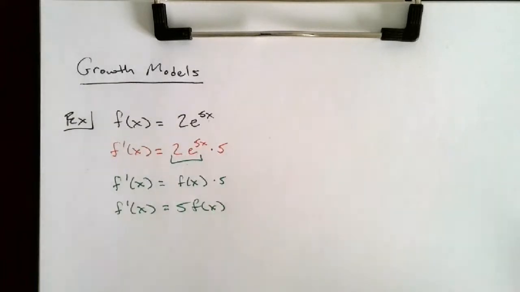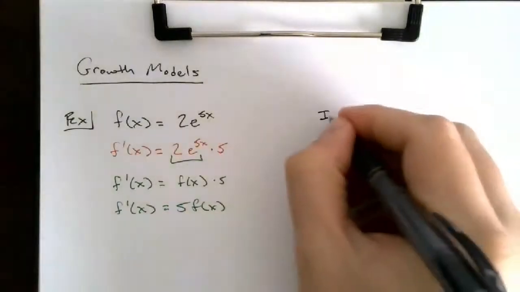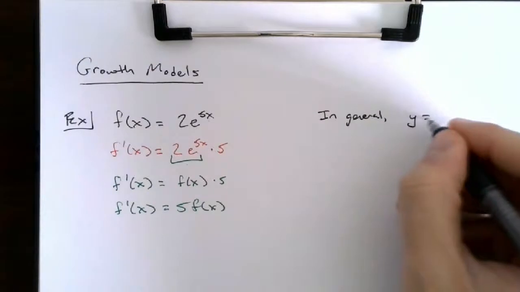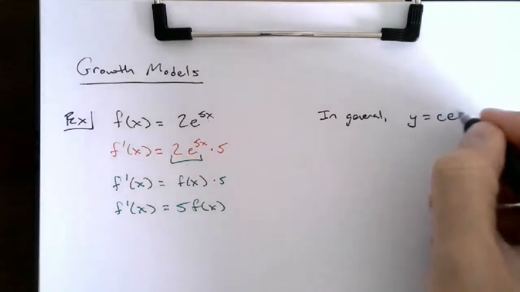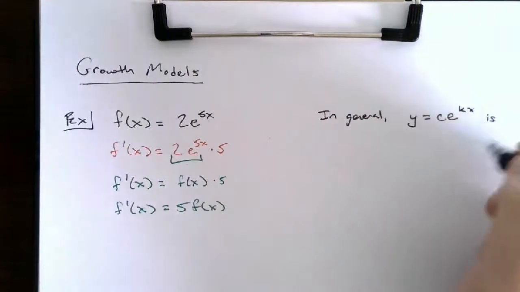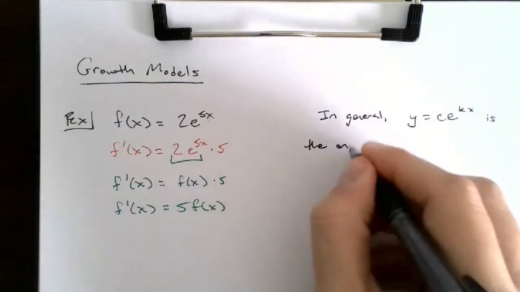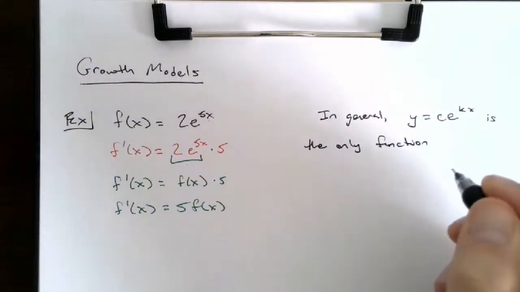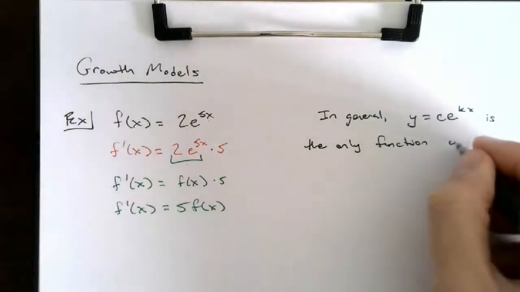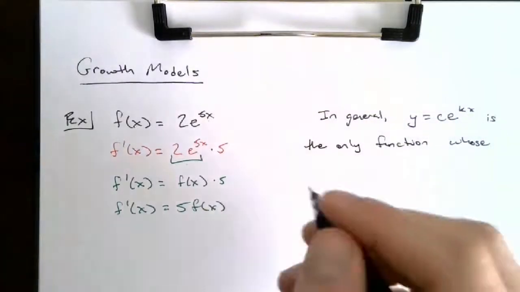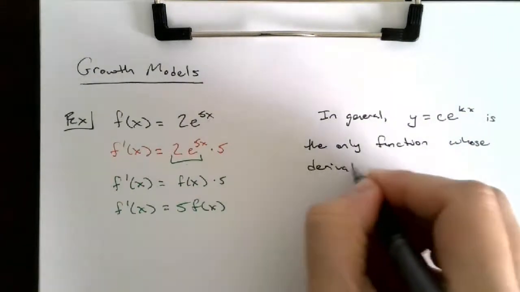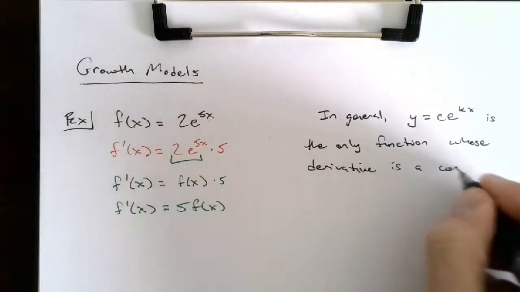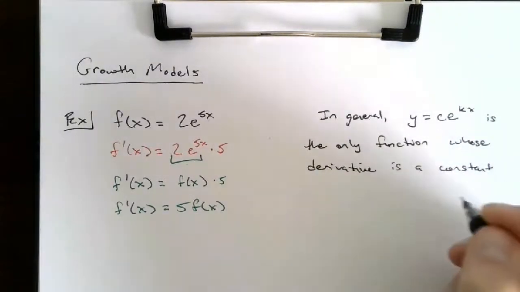In general, y equals ce to the kx is the only function whose derivative is a constant times itself.